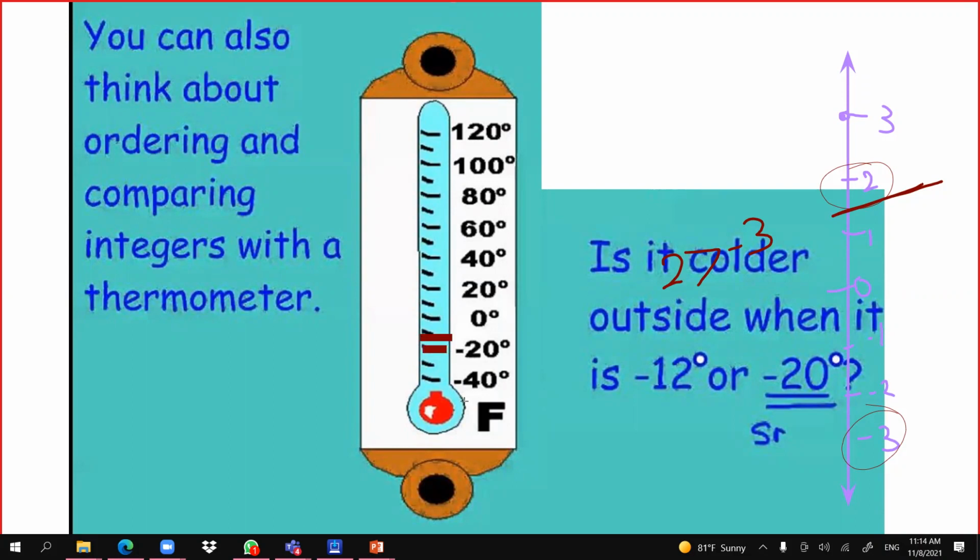So which one will be colder? Which one will be the least one? The -20. Why? Because if a number is to the top, it is greater than the one at the bottom. So -12 will be greater than -20.